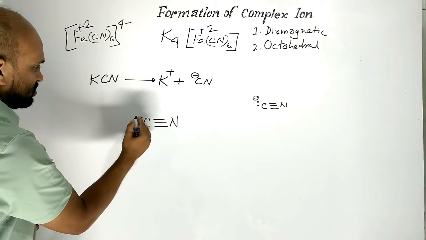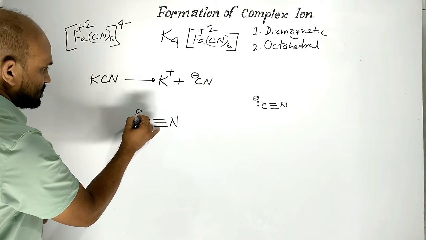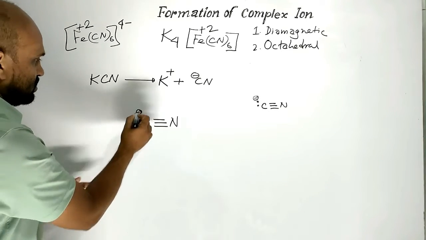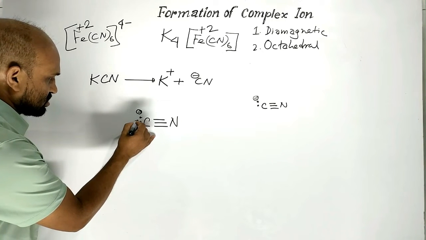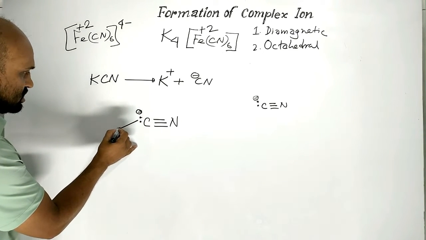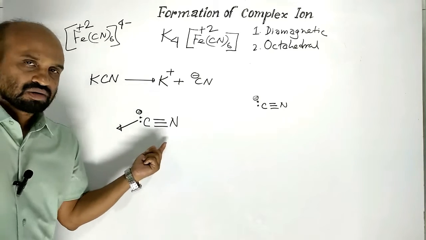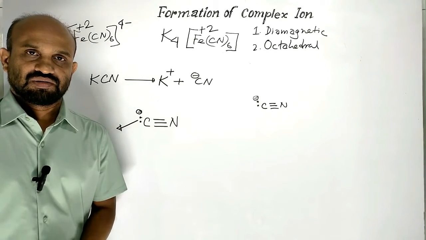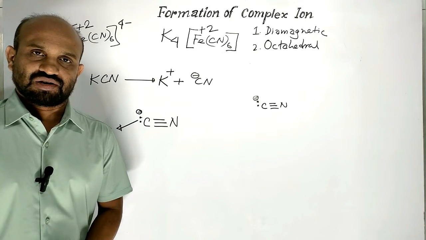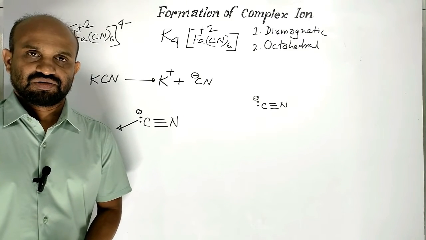For this electron, this is negative in charge, and now it contains one pair of electrons, by which it forms coordinate covalent bond with vacant orbital. This is about cyanide ion, negative ligand.